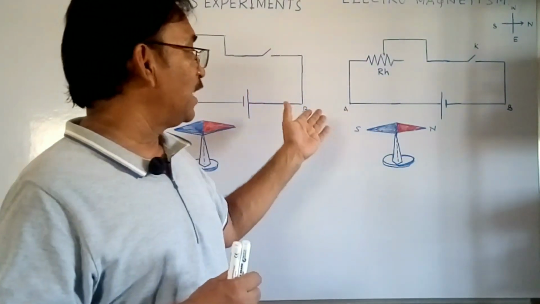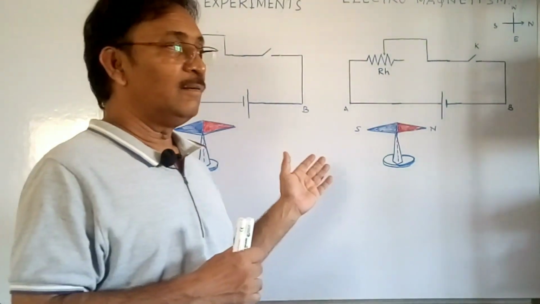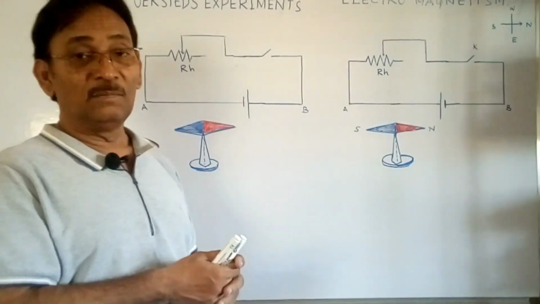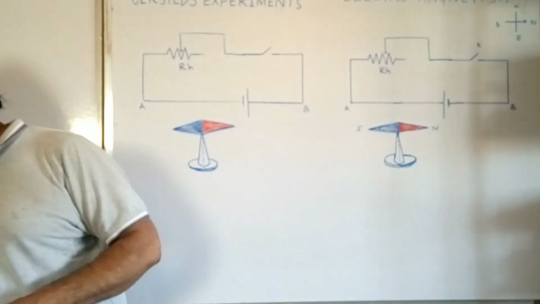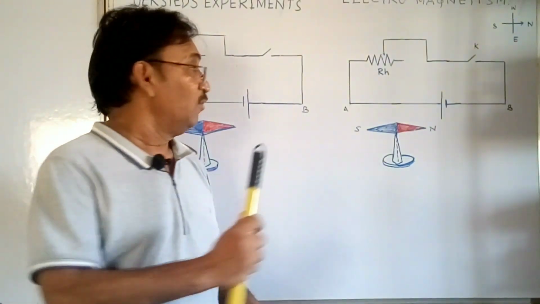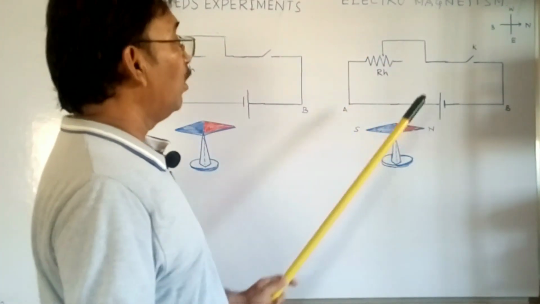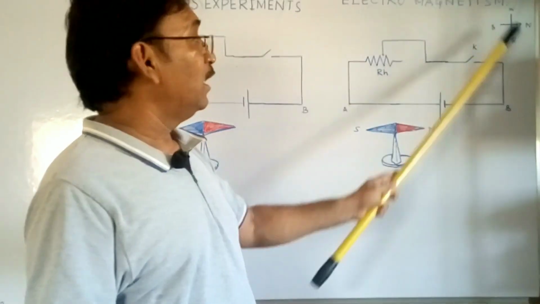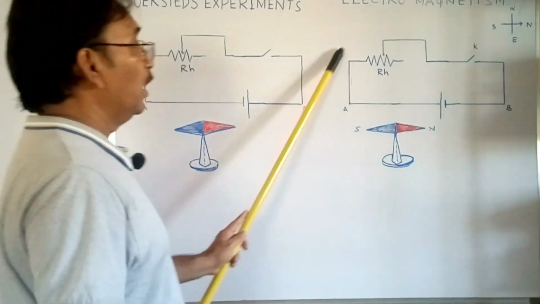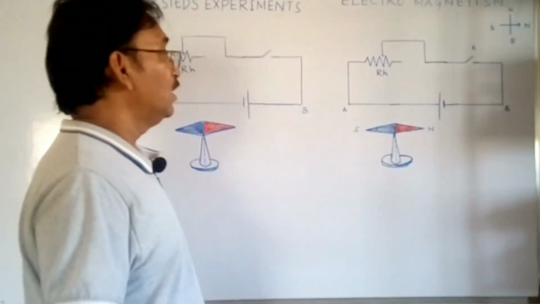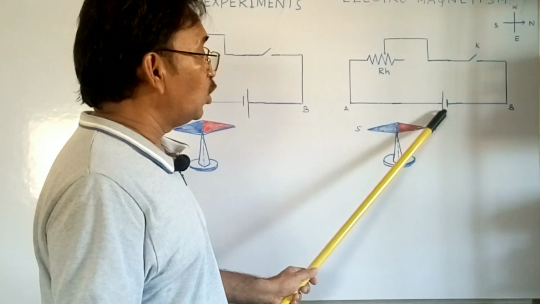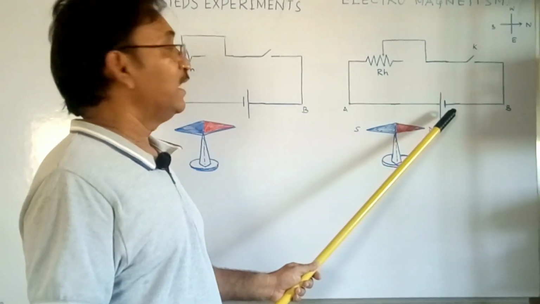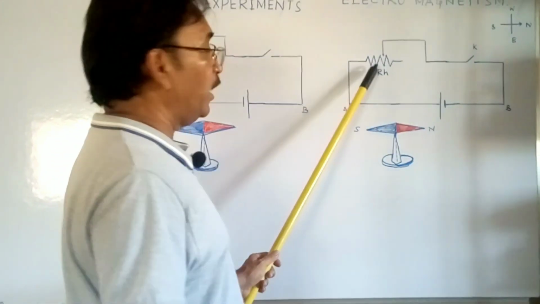Here in these experiments, we are taking a steady current, and let's see what happens. See the first circuit here. First of all, we marked north, south and east, west directions. Then we took a circuit. In this circuit you will find a source of potential, the battery or a cell, connected to a rheostat.